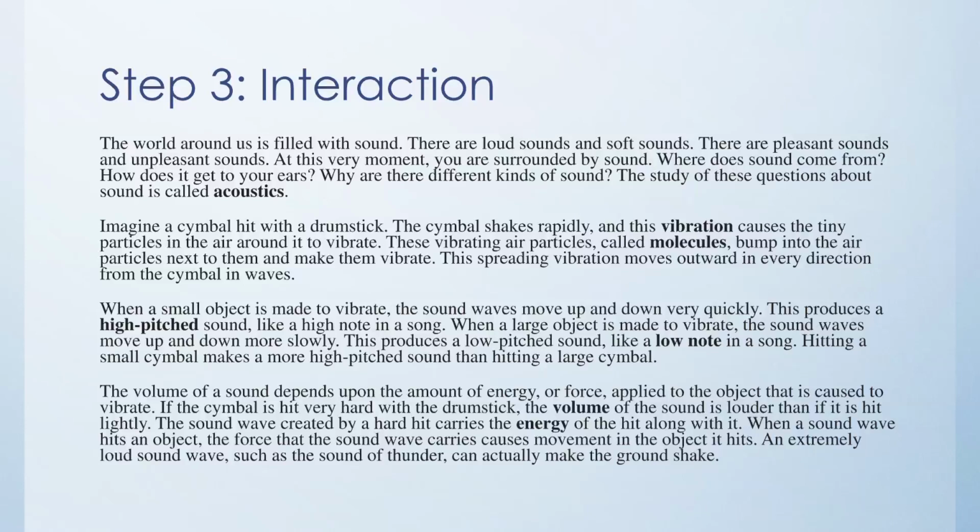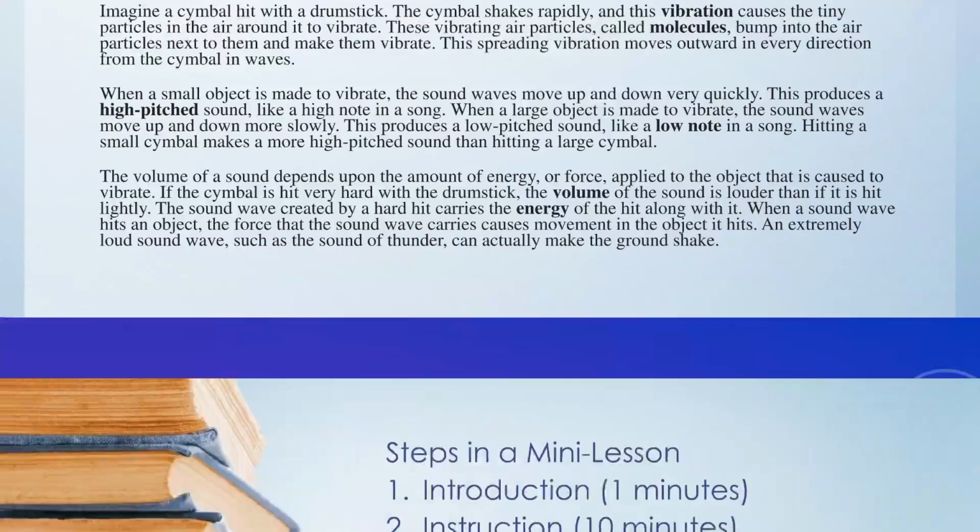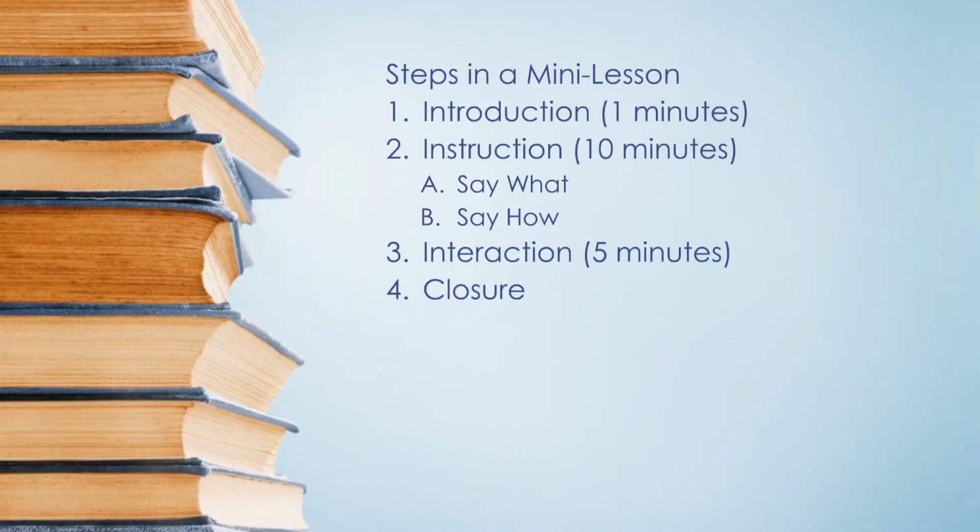Now, this was interaction, and you would have actually been speaking with your students. They would have replied to you. Let's review the steps in a mini lesson. The introduction is 1 minute. The instruction, the say what and say how, are 10 minutes, 5 minutes each.